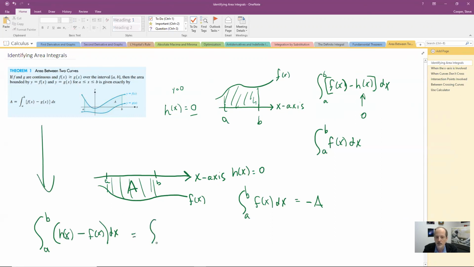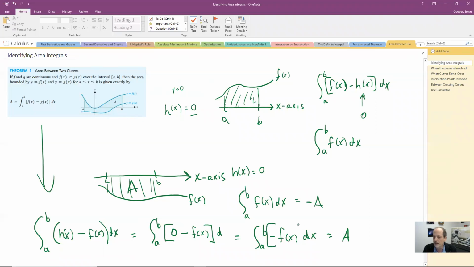So that's the integral from a to b of h of x, which is 0, minus f of x dx. To calculate that area between, I have to take the opposite of this. So I end up with the integral from a to b of 0 minus f of x, which is just negative f of x dx. And that gives me the actual area, which is the opposite of this, which is negative a. So of course it's going to give me positive a.